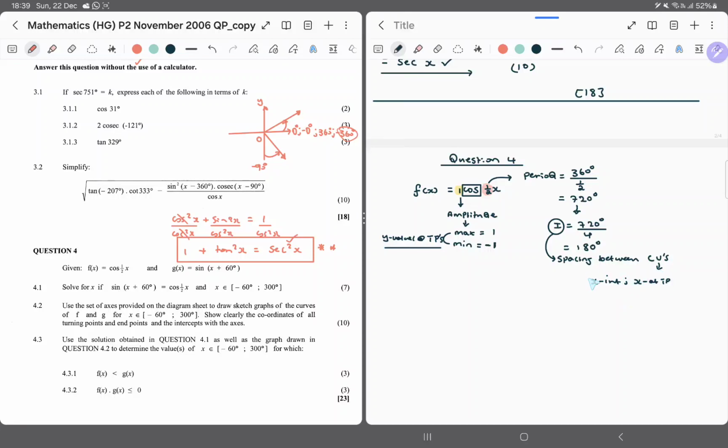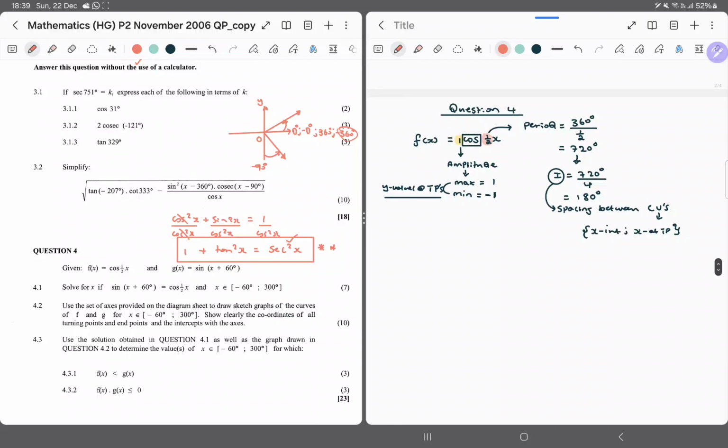So if we keep this in mind, this is what we are trying to get to. The interval between two critical values, be it an x-intercept to the turning point, or an x value to the x-intercept, to the y-intercept, should be a spacing of 180 degrees. All right, so that's it.